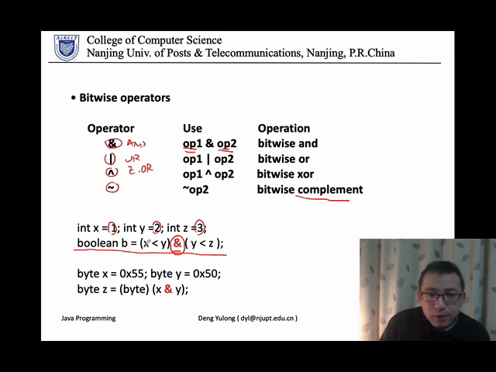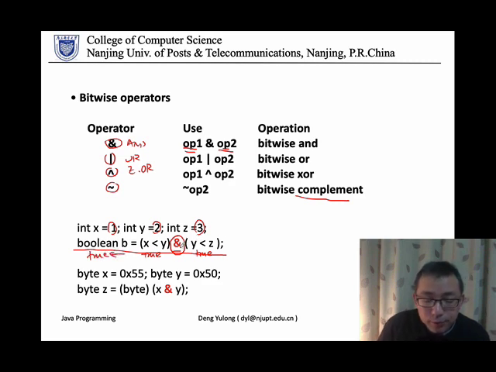We know that x less than y gives the result true, and y less than z is the same, we get the Boolean value true. So the first operand is true, the second is also true. So we make this an AND operation, and the result is still a Boolean. It's true. Okay.